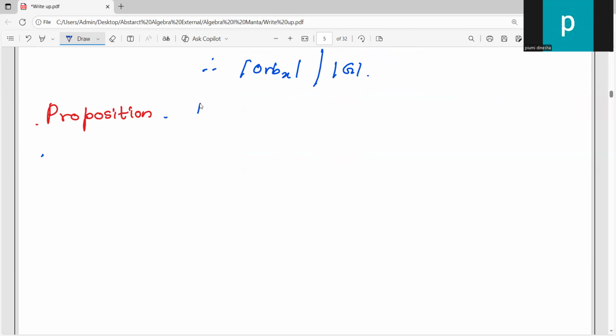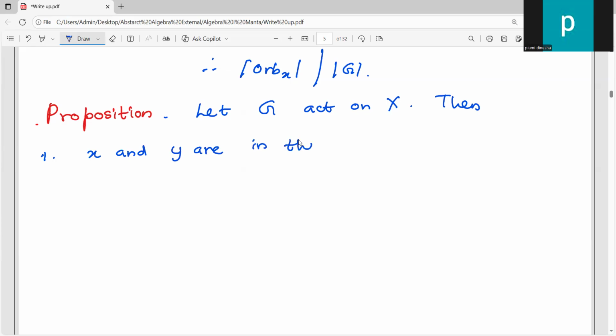Okay, let G act on X, or X be a G-set. Then the first property is: x and y are in the same orbit if and only if x equals g dot y for some element g in the group.